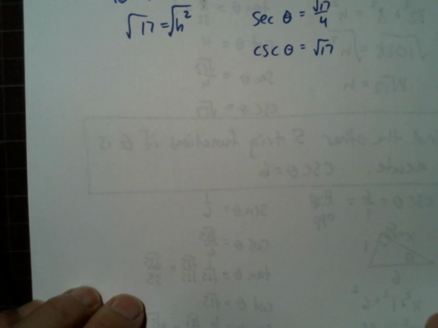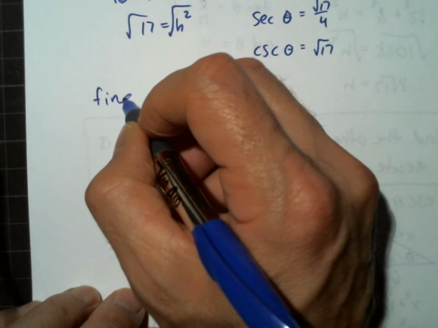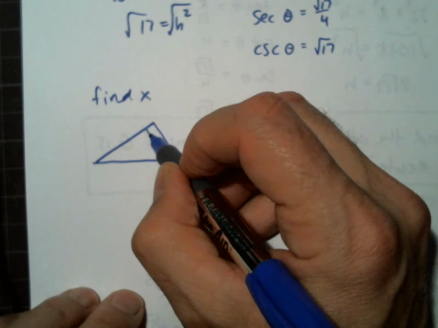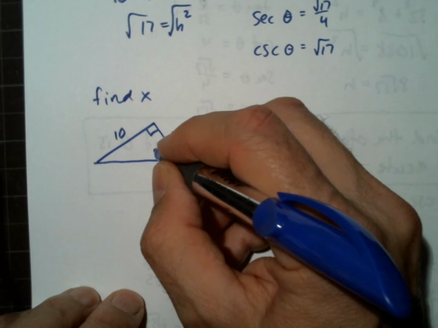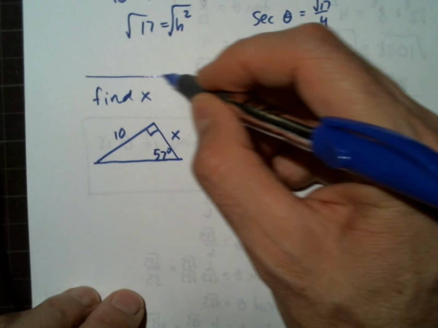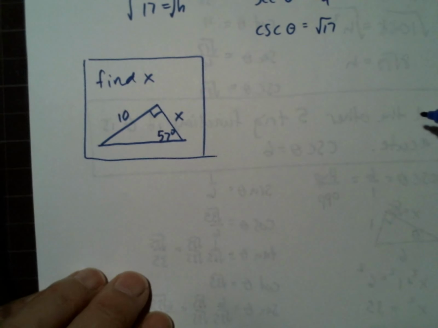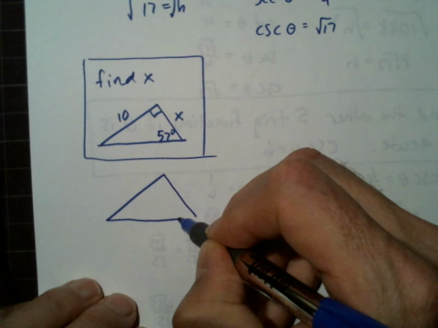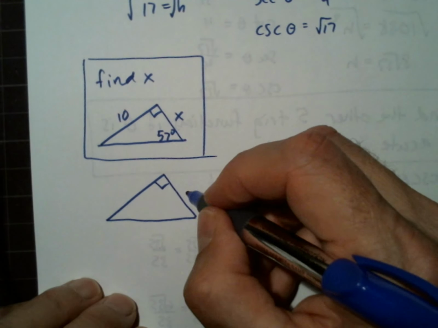All right. And here's another type of question. Find a missing side of a right triangle, and we have to figure out which trig function to use.